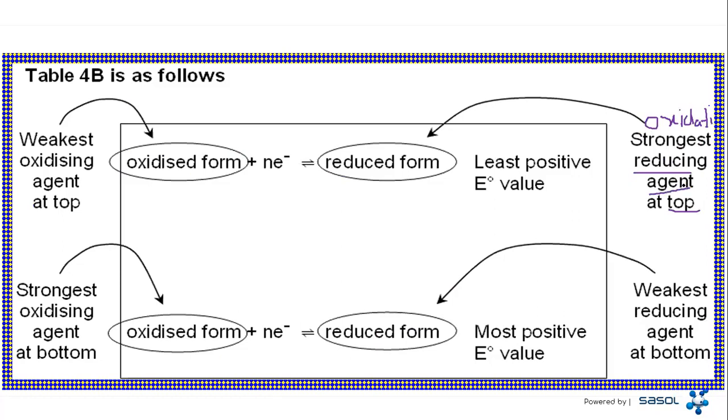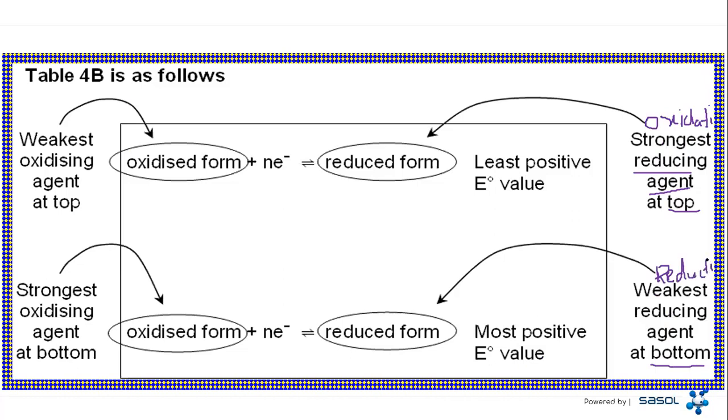Remember, oxidation goes with reducing agent. So if a substance undergoes oxidation over the other one, it means it is a stronger reducing agent because oxidation goes with reducing agent. And then at the bottom, remember I said when you compare two, the substance that will be at the bottom will undergo reduction altogether.